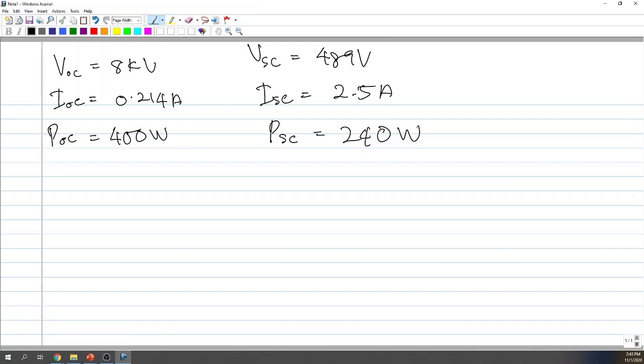Okay, apa yang pertama sekali kita kena buat kat sini? Benda yang pertama sekali kita boleh cari adalah the easiest, power factor. Yes, correct.